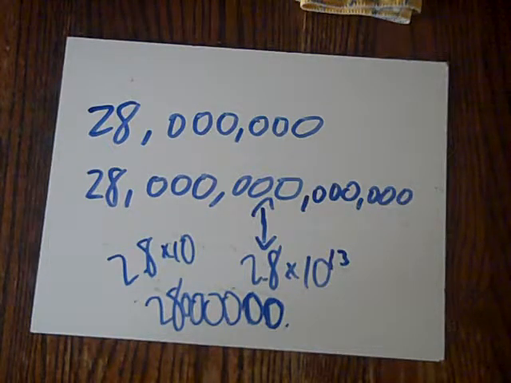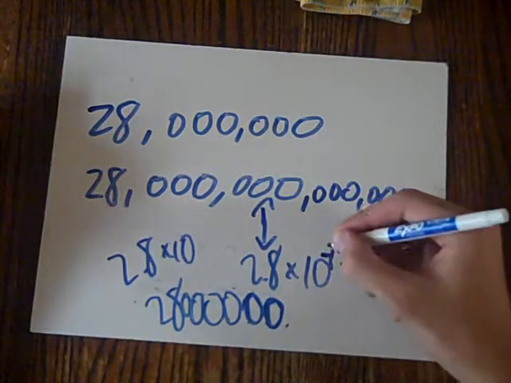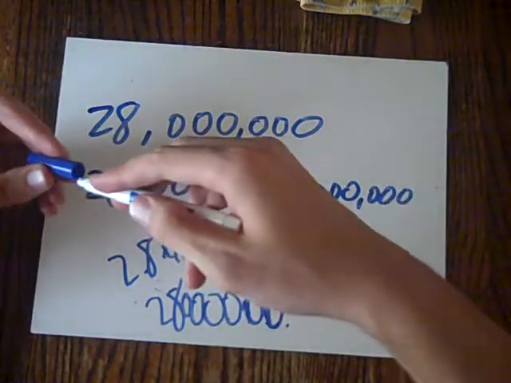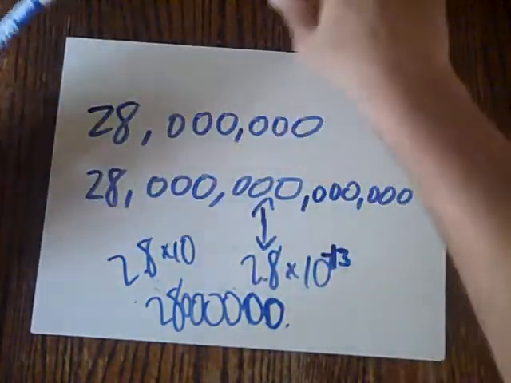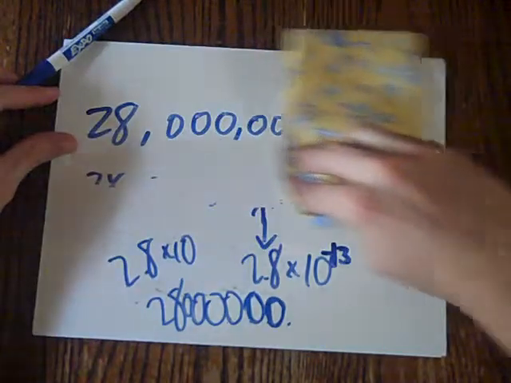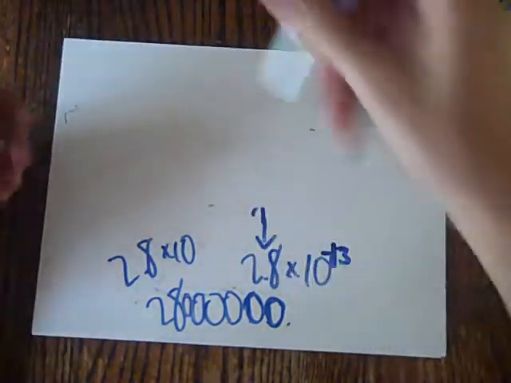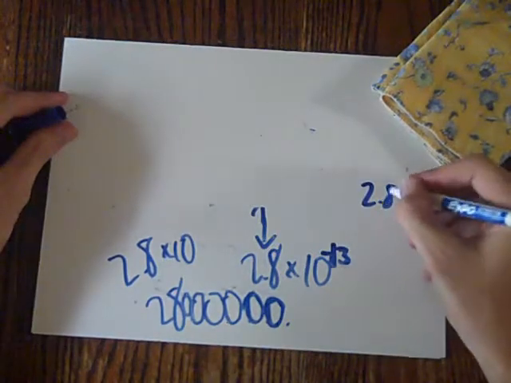But what if it was 10 to the negative 13th? Well, that becomes a problem, my friend, because instead of moving this 2.8 to the right, you move it to the left.